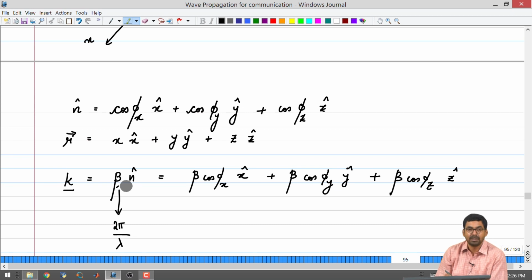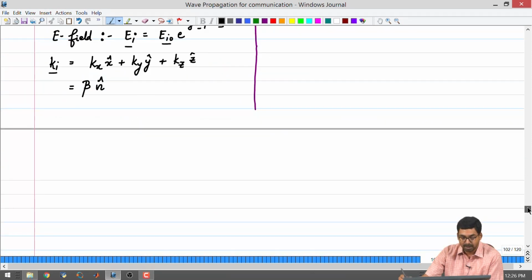So, beta is the phase constant, it is simply 2 pi by lambda. So, now we can estimate 2 pi by lambda provided lambda is given to us in the problem, alright, it is a constant that can be evaluated. You need to get some input in the problem, which means that now I have to find out what my n hat or the unit vector is going to be, in order to find out the expression for the plane wave system that I am doing.